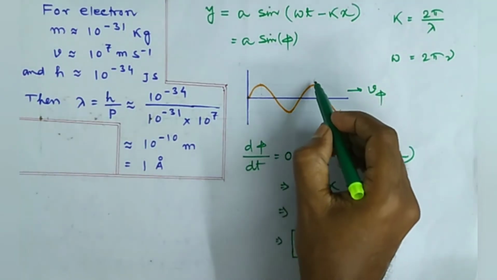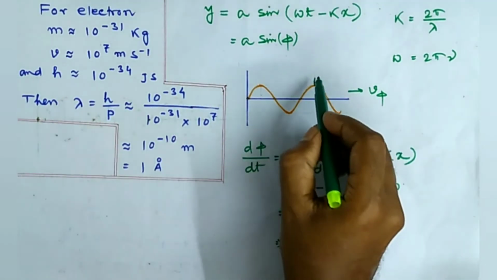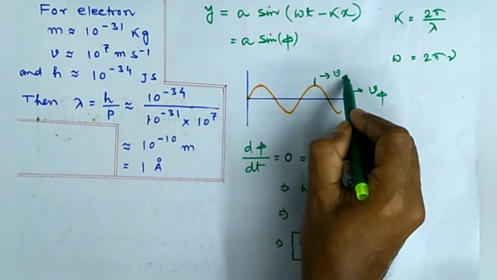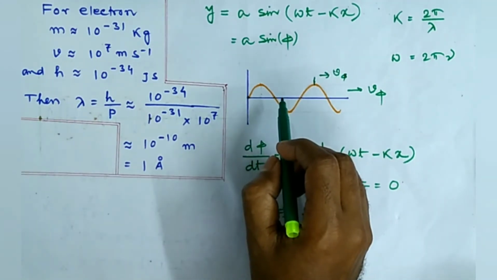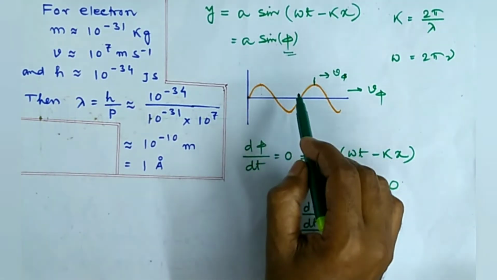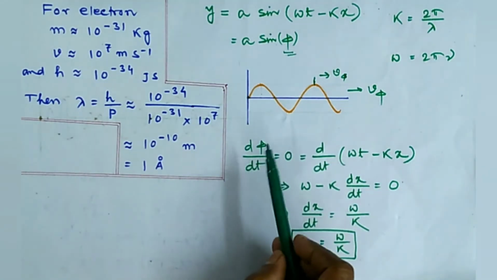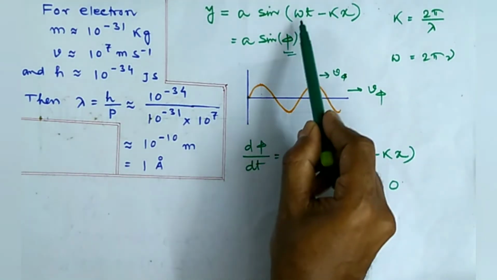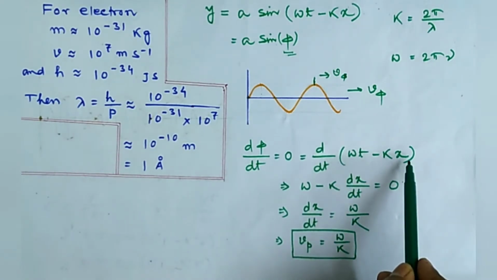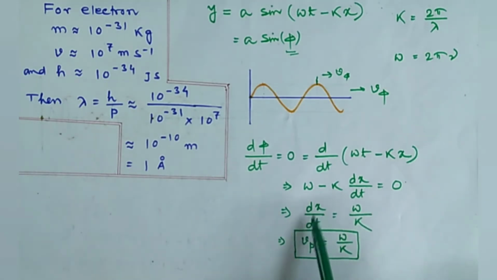Now imagine a particle is standing on the top of the wave and moving with the same velocity along the same direction. That means the phase angle phi of the wave does not change with time, so we may write d phi by dt equal to 0 equal to d by dt of (omega t minus kx), or omega minus k dx by dt equal to 0, or dx by dt equal to omega by k.